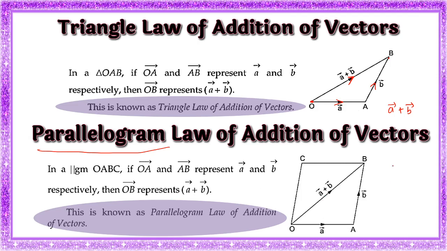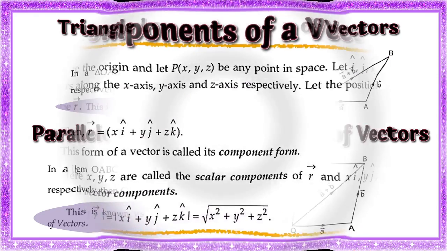Or simply you can understand it like this: if we represent two vectors as the two adjacent sides of a parallelogram, like this A and this B, and now if you complete the parallelogram, the resultant of A and B will be this leading diagonal, or the longer diagonal. This will be A plus B. Just because it is a parallelogram, this side is also going to be vector B. So this is somewhat like the triangle law only, and this is called the parallelogram law of addition of vectors.